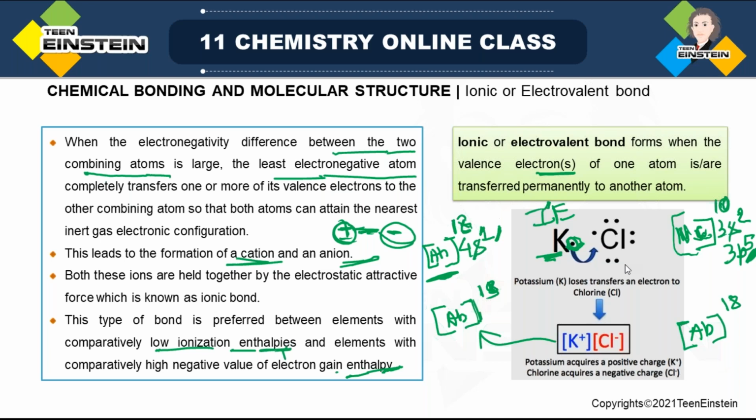So this type of bond is preferred where the element donating the electron has low ionization enthalpy, which is obviously better, and the other element accepting the electron has a very high negative value of electron gain enthalpy, which is better.